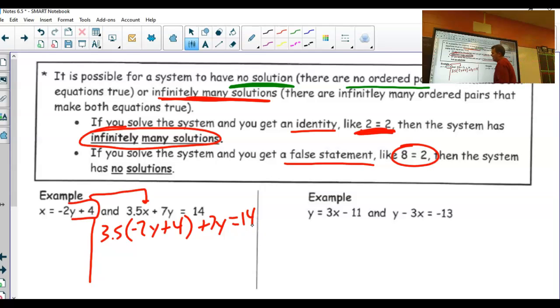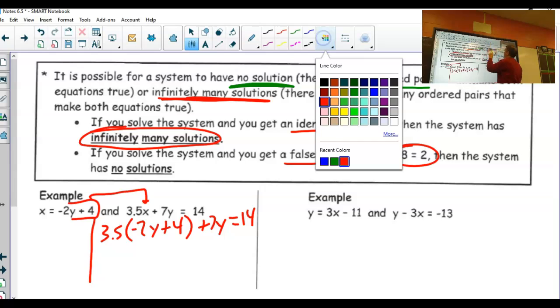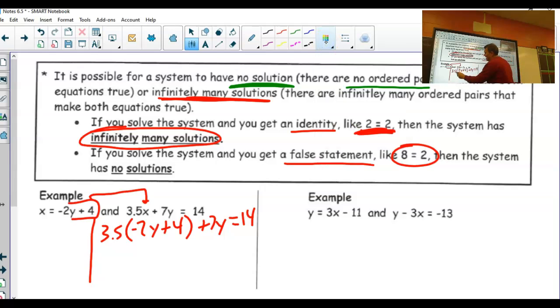And I would go ahead and solve this by distributing the 3.5, right? Everybody understand how I made the substitution first, though, right? So then I'm going to distribute the 3.5. 3.5 times negative 2 is negative 7y.